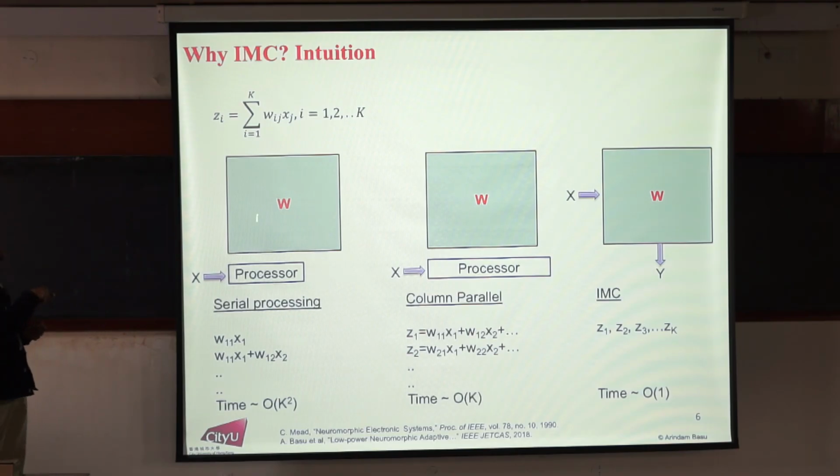So if I'm storing the weights in memory, and the x is going to the processor, in normal serial processing, what happens? You read out the first weight, W11, multiply by x1. Then you read out the second weight, W12, multiply by x2 and sum with the earlier one. So you're creating these partial sums, and you need k cycles to read out these k weights, create this first output. Okay? And you need to do the same thing for all these k outputs.